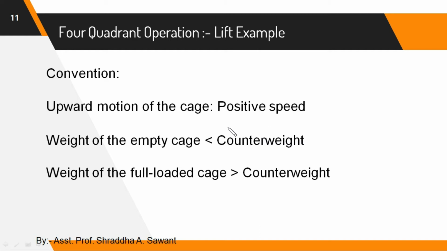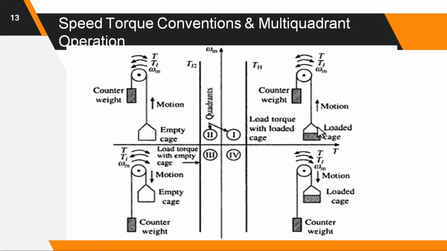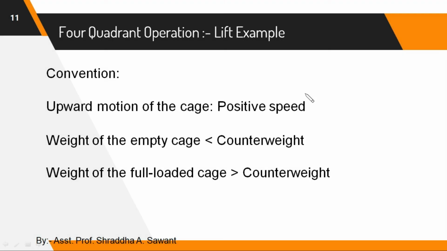Suppose this is the example of a lift: this is a pulley or a drum on which the counterweight is connected and the loaded cage is connected. The lift is going up and down like this. We have to assume that the weight of the empty cage is less than the counterweight.